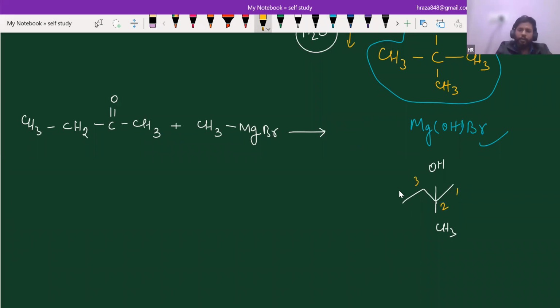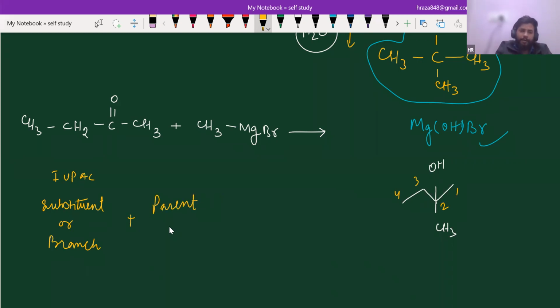1, 2, 3, 4. First, always remember that whenever you do IUPAC naming, first you write the name of the substituent, which we also call the branch. Then we come to the parent chain.